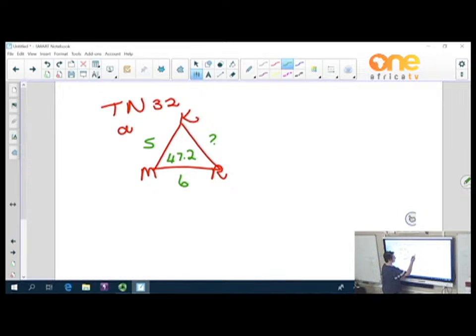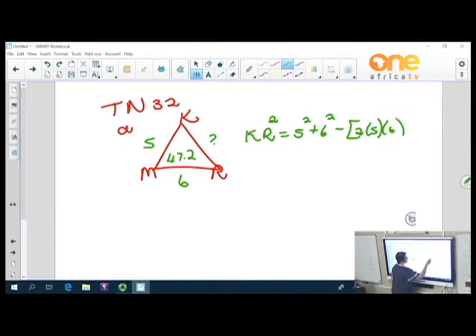So I can say now that KR squared is equal to, so now we're going to take those sides, 5 squared plus 6 squared, minus in brackets 2 times 5 times 6, and cosine, can you see the side and the angle are opposite each other, cosine 47.2 degrees.